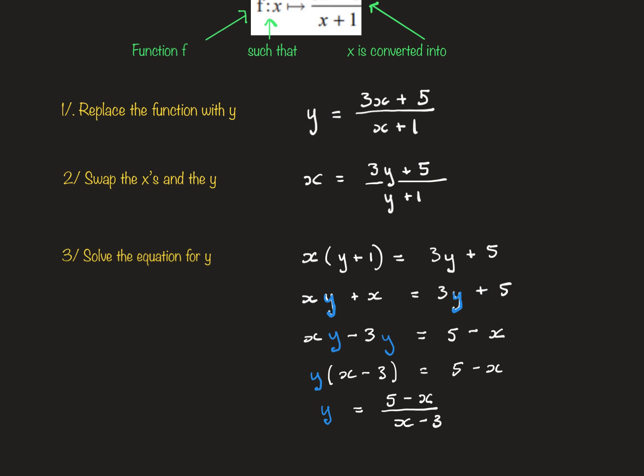Now, this can also be written as, if we multiply the denominator by a negative sign, we'll get a positive x plus 5 on the top, and we'll get 3 minus x. It's exactly the same thing.